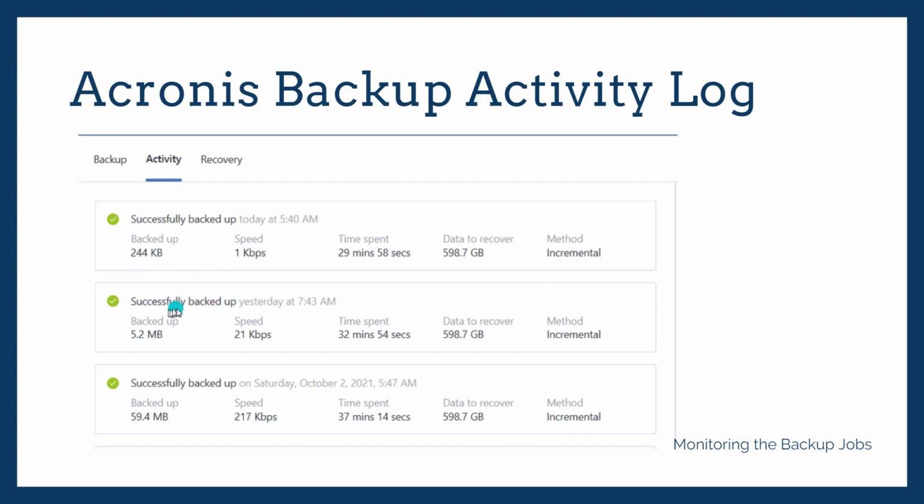And here's another incremental backup, 5.2 megabytes. I've been doing a little bit more work that day. And it's going 21 kilobits per second, 32 minutes it took, 598.7. You see the same. Basically, I obviously didn't add any files, and it's still an incremental. So this is your log.